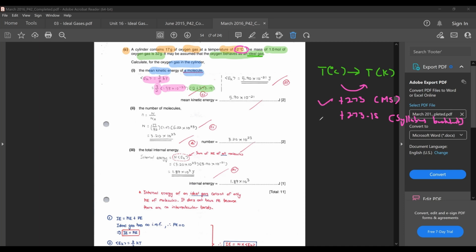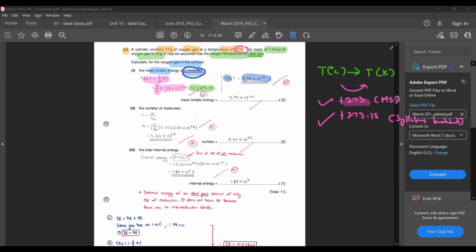Both are acceptable. Just use whichever you like. I have a tendency to use 273.15, but if you just write 273 it's fine. Okay. So eventually your Ek is going to be 5.9 times 10 power minus 21 joules. This is the kinetic energy of a molecule.